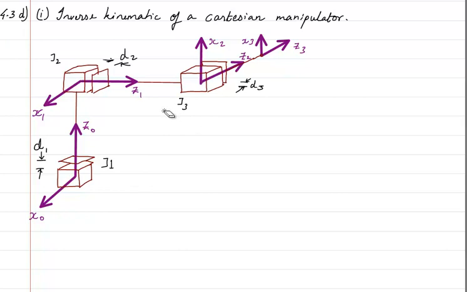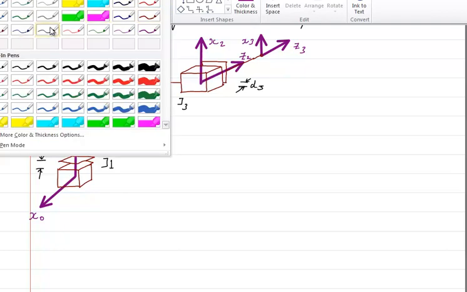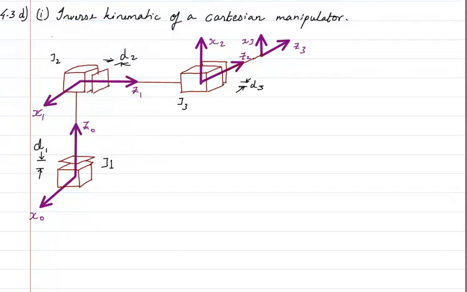So how do we solve this so that we can get the values of d1, d2 and d3? Let me clearly mention what we are looking for.